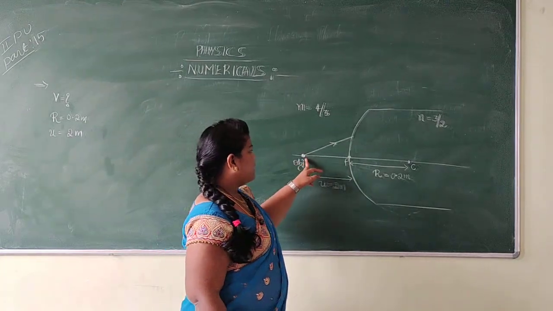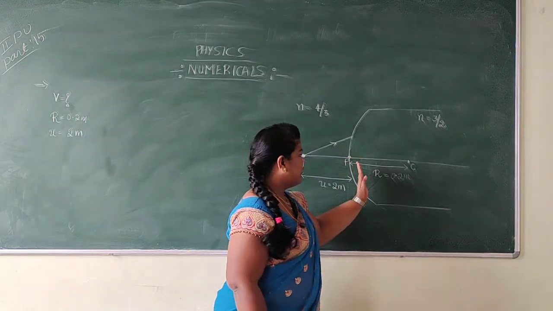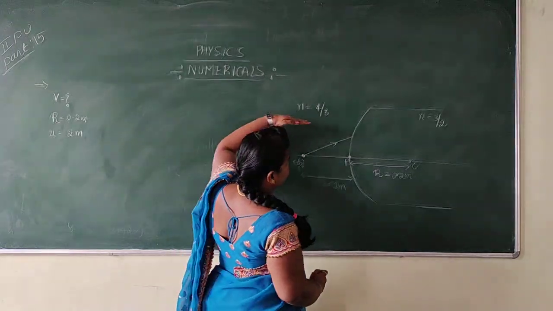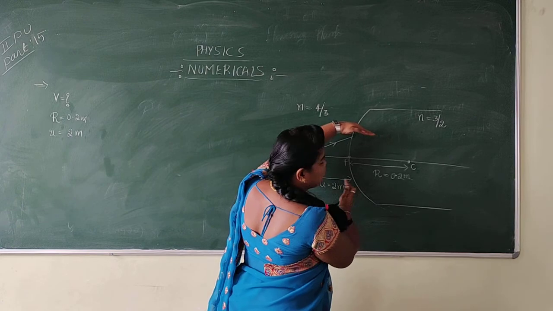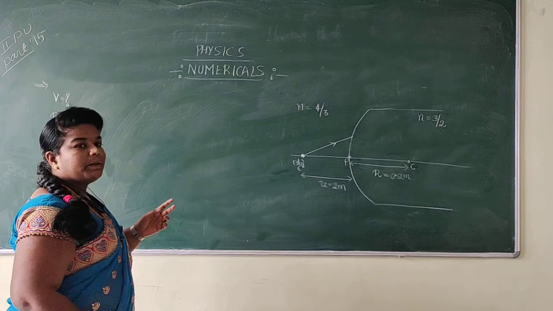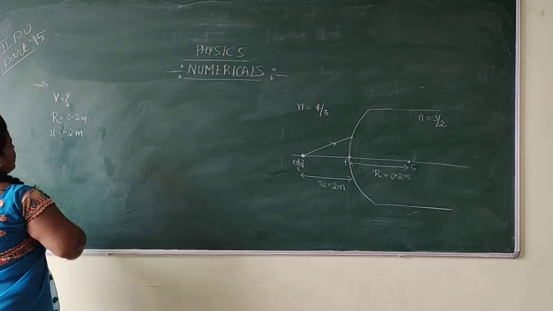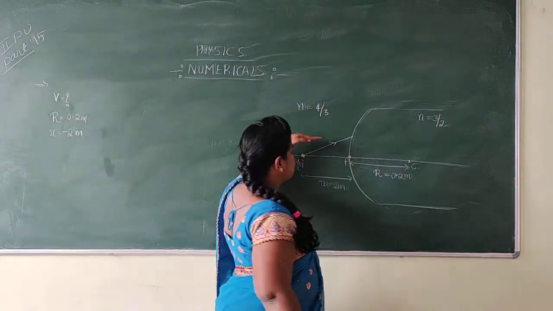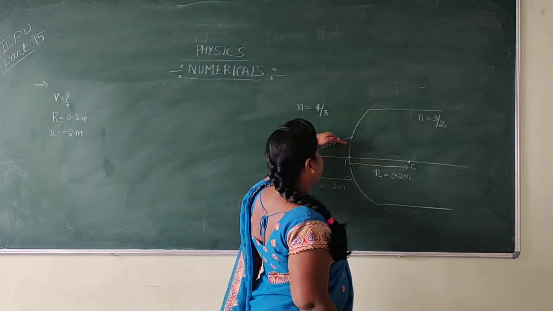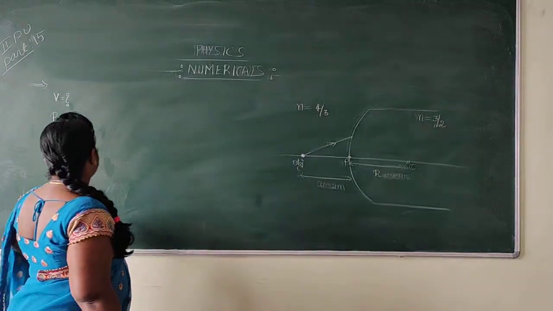The ray of light is moving in this direction, but we are measuring the object distance in the opposite direction. So what will be the value? u becomes minus. But the radius of curvature becomes plus, because we measure the radius of curvature from the pole on this side, in the same direction as the incident ray. So it becomes plus.